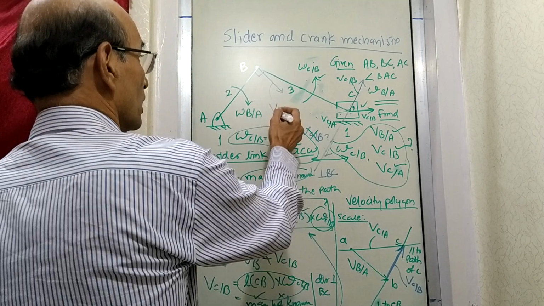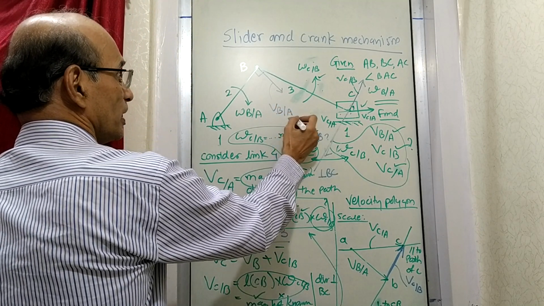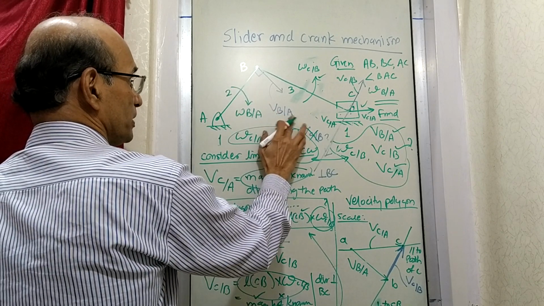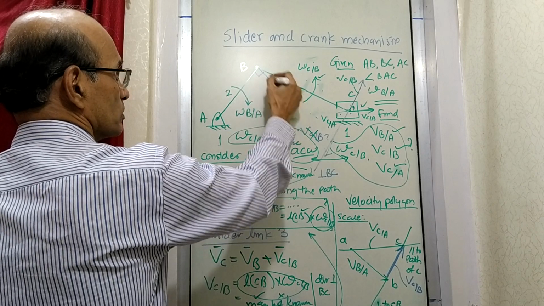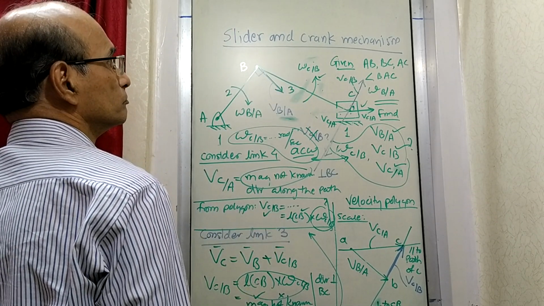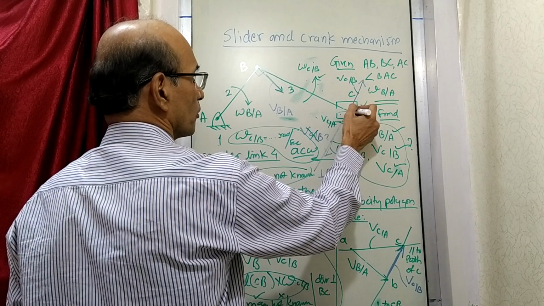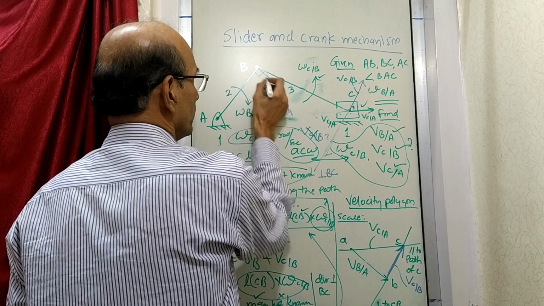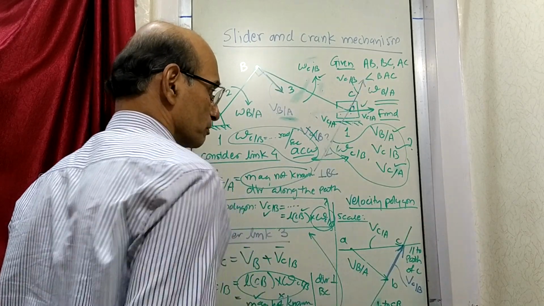See, how was this vector? The velocity of B with respect to A vector was having its tail at A, and this was a vector. So the velocity of C with respect to B vector is starting from C. This was starting from B, going in this direction; starting from C, going in this direction.